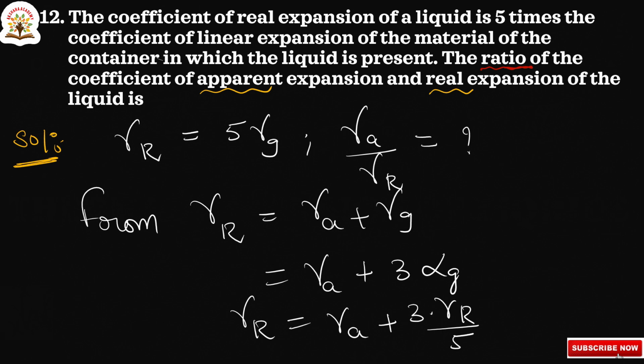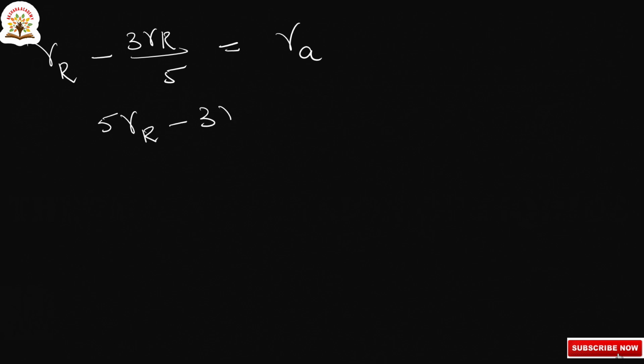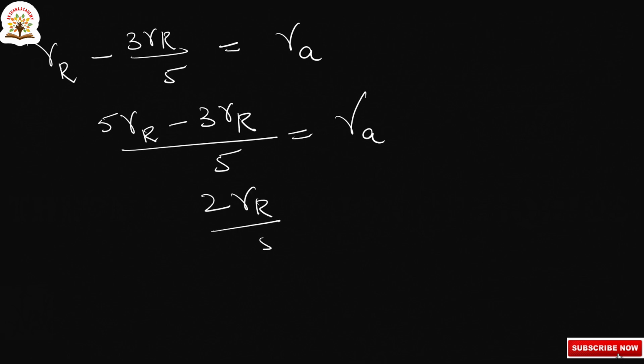So next we are writing gamma R minus 3 gamma R by 5 is equal to gamma A. Here taking LCM, 5 gamma R minus 3 gamma R by 5 is equal to gamma A. 5 gamma R minus 3 gamma R, 2 gamma R by 5 is equal to gamma A.